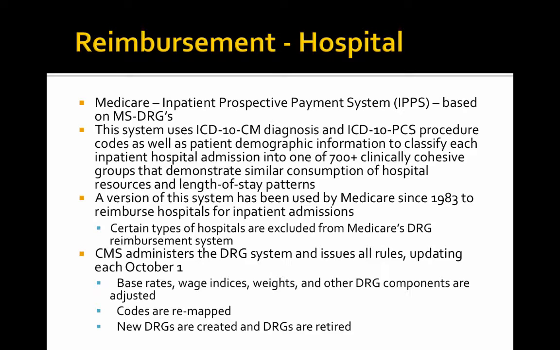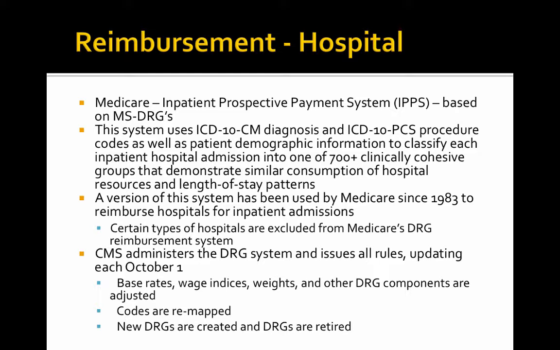So if I am a patient that comes in with a heart attack, and I meet a certain set of diagnoses and procedure codes, and I'm in for 3 days, and the person in the bed next to me meets the same set of criteria with diagnoses and procedure codes, and they're in for 6 days, we meet all the same diagnoses and procedure codes, and our charges could be wildly different.